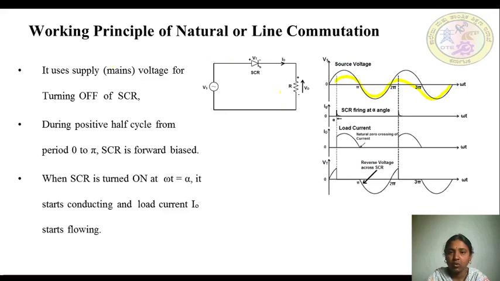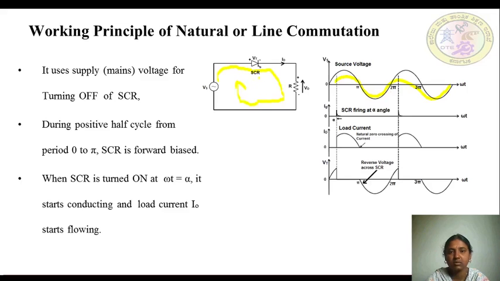Now, at an angle of alpha, where alpha is the firing angle of the SCR, the SCR is turned on by giving a gate pulse during the positive half cycle, when the SCR is in the forward biased state. The current starts to flow in this direction.